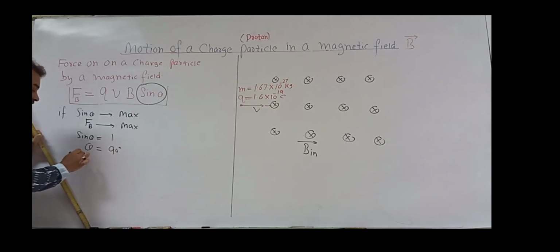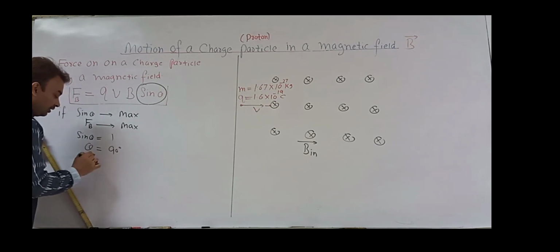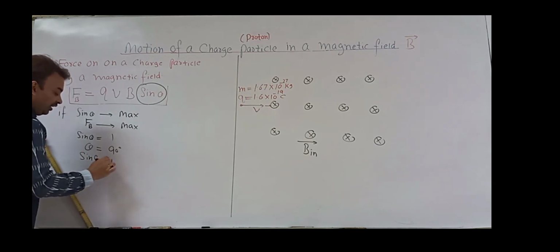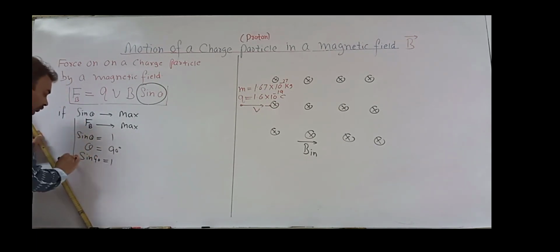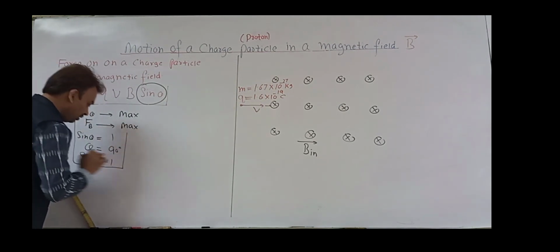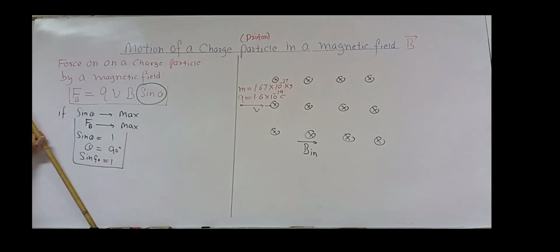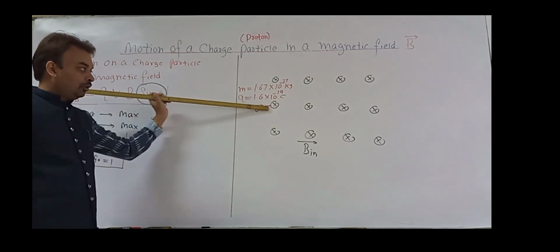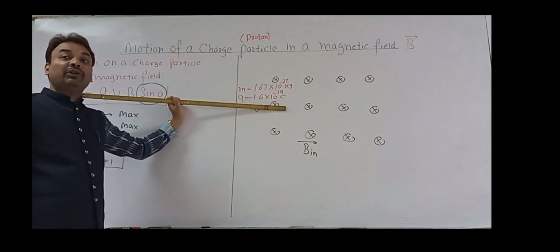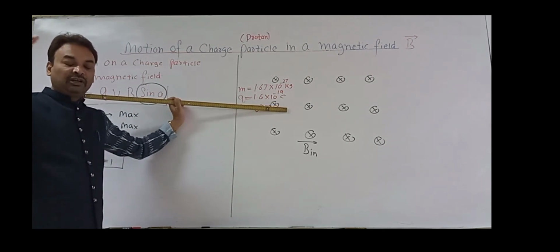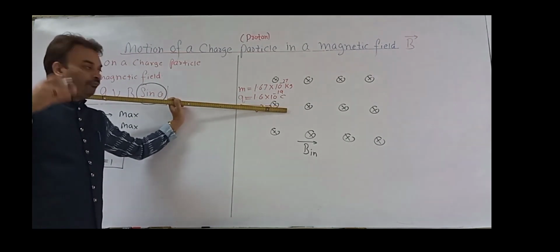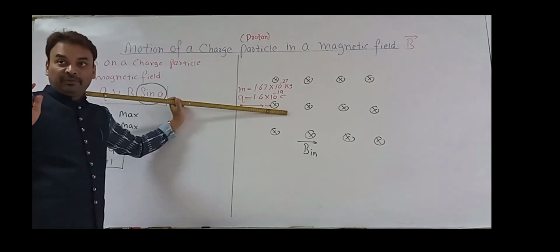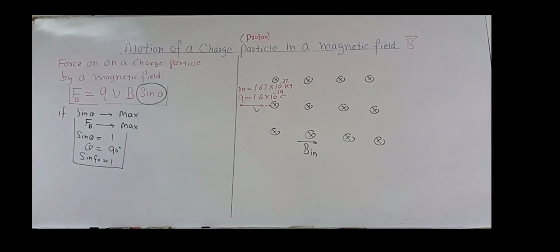So in that case, sine 90 becomes 1. From all these mathematical interpretations, we can understand that if we project the particle normally in the magnetic field, at an angle of 90 degrees, then our particle will be under the maximum magnetic force, right?